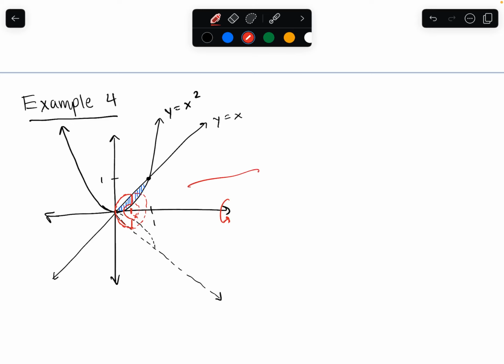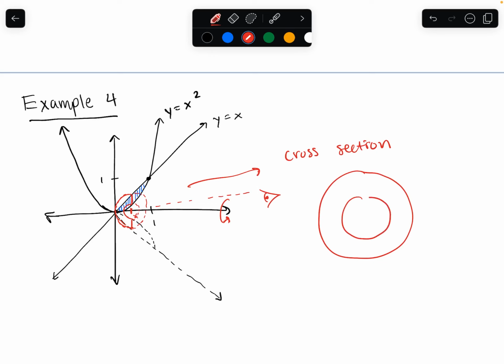So my cross-section, if I was looking at it head on, say there's a little eyeball, and I was looking at the cross-section in the direction from the x-axis facing that way, my cross-section would look like this, a circle with a hole in it.